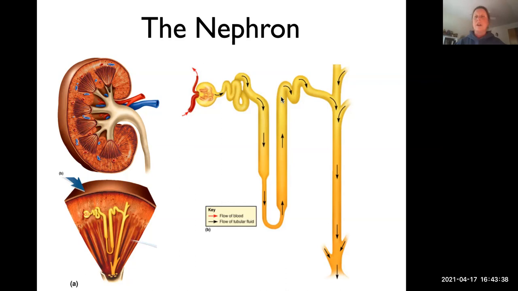After passing through the nephron loop, the tubular fluid goes into this next structure known as the distal convoluted tubule. Distal means further from the beginning, convoluted means twisty-turny, and tubule means tubule. So the DCT, or the distal convoluted tubule, is the second of the twisty-turny tubules that we come to in the nephron.